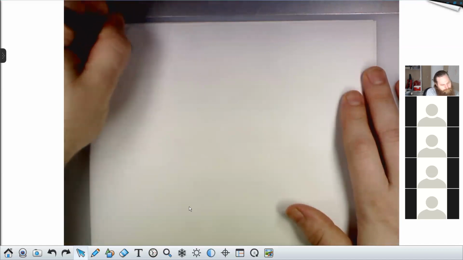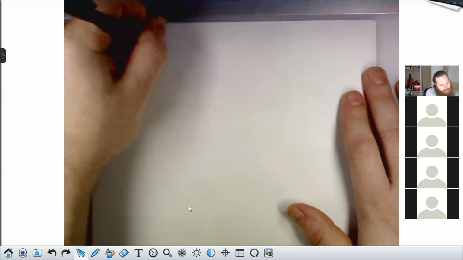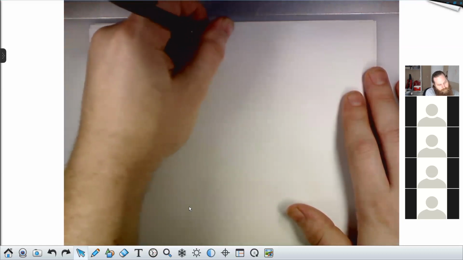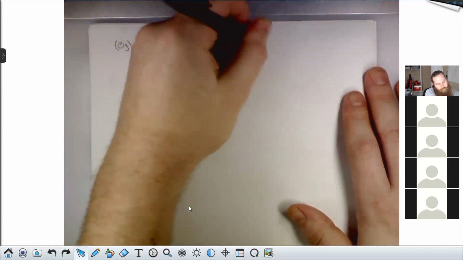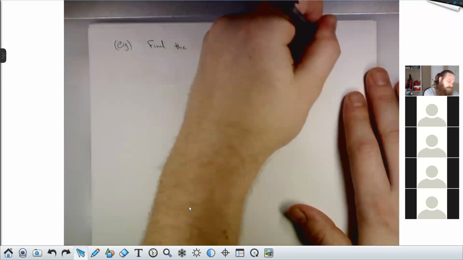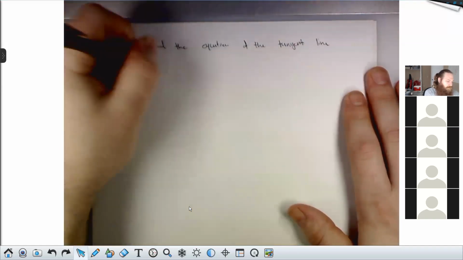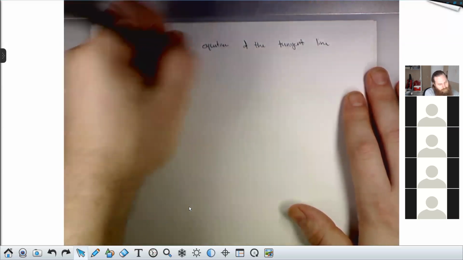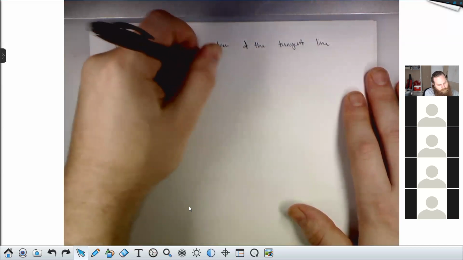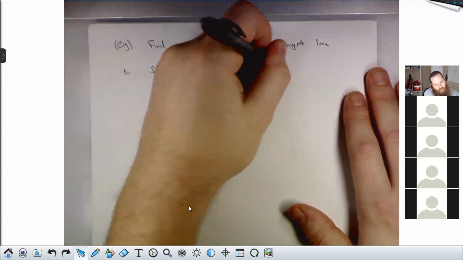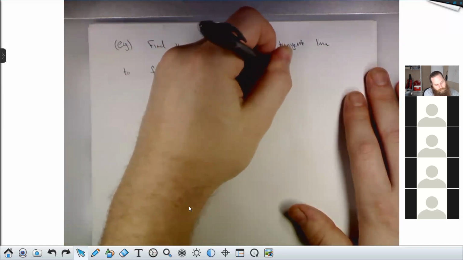Let's find the equation of the tangent line to f of x equals x squared sine x at x equals pi over 3.